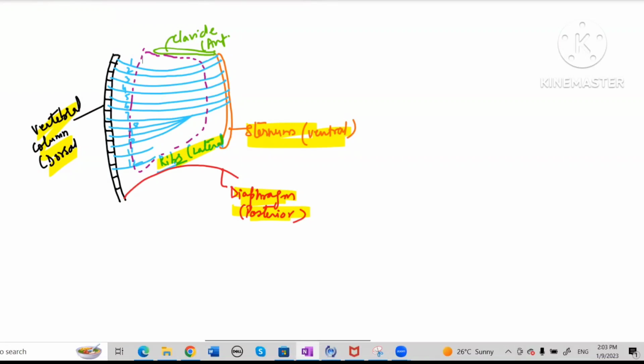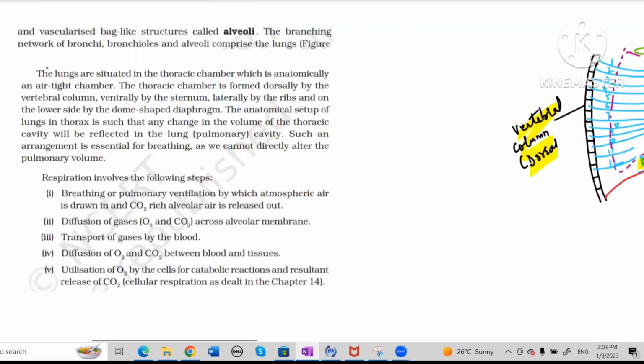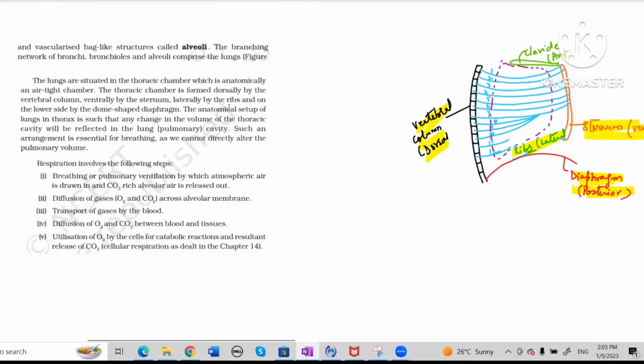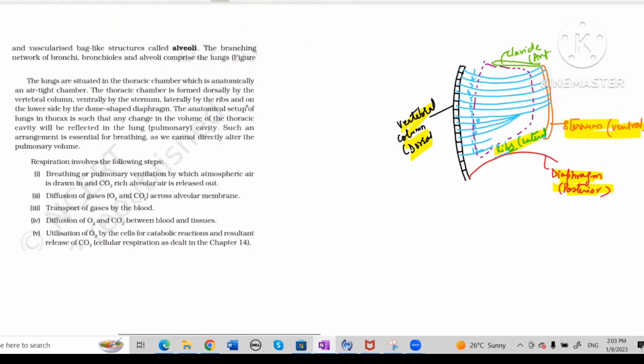Now see the NCERT properly. Please focus on this diagram also. I'm making a diagram so that you can see it.